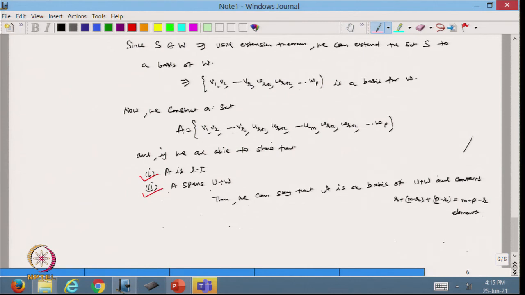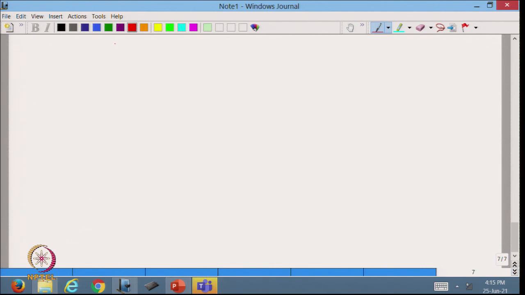Now, let us prove the first one. We need to show that A is linearly independent.